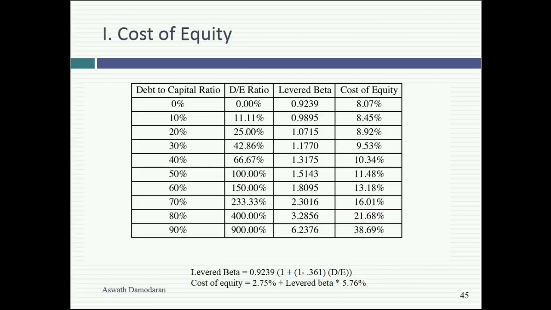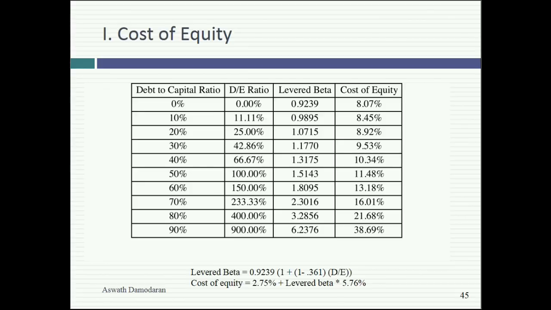In the last column, you see my cost of equity. Again, no surprises. As my beta increases, my cost of equity goes up. So let me ask you a question. If my objective in capital structure is to minimize my cost of equity, what's the optimal debt ratio for me? If I want to minimize my cost of equity, I'm never going to borrow money.